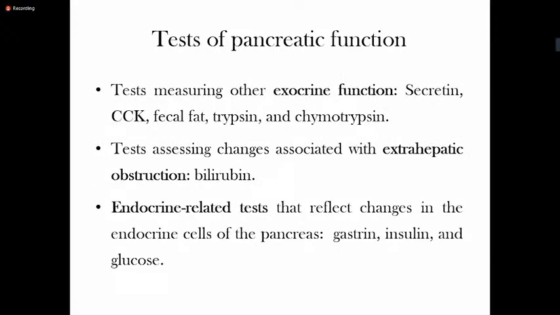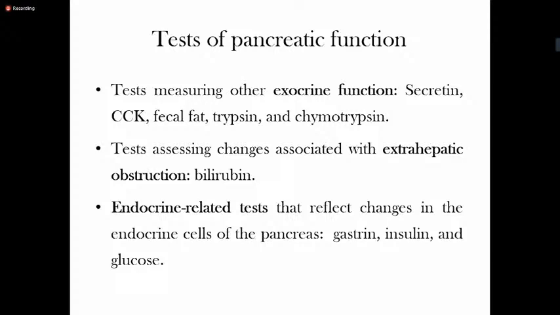Here, the tests for measuring other exocrine functions include secretin, cholecystokinin, fecal fat, and trypsin and chymotrypsin. Tests assessing changes associated with extrahepatic obstruction are bilirubin.